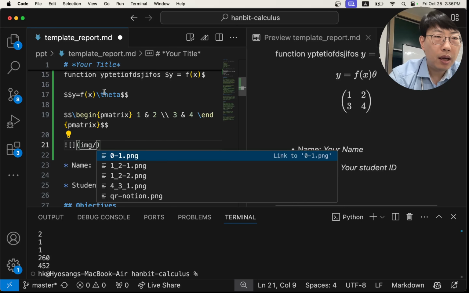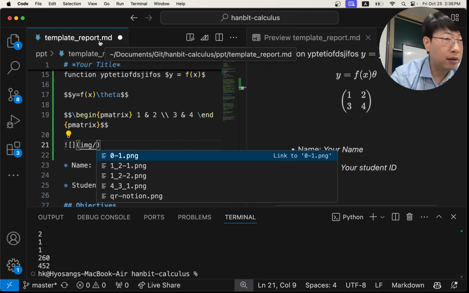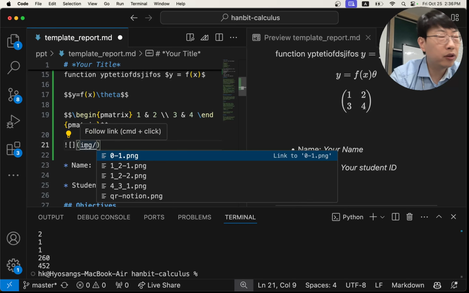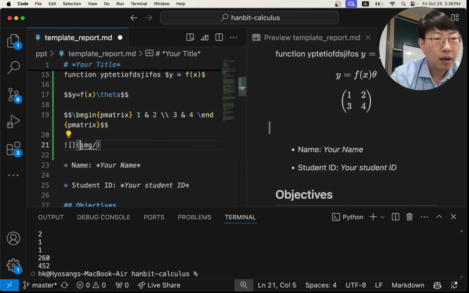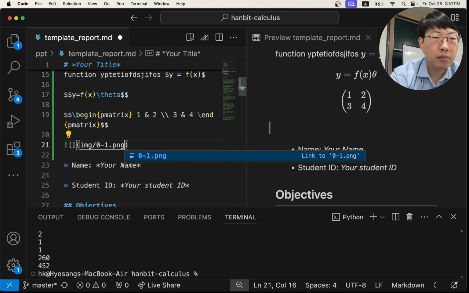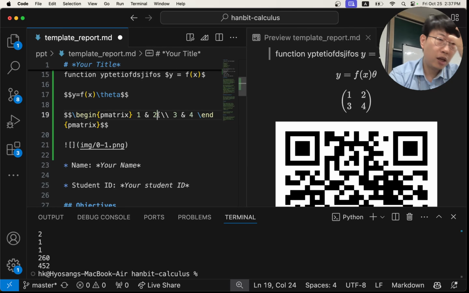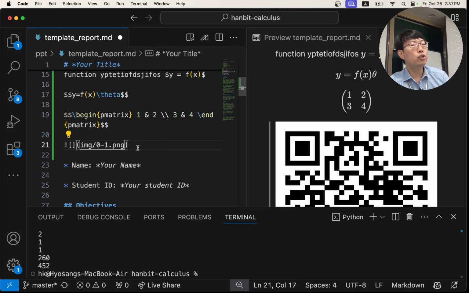Here, my report file is in a folder that contains a subfolder called image, and inside the image folder I have this 0-1 PNG. So if you want to post an image, this is basically the command you should use. Put your image folder and then the name of your image file, then it appears here.